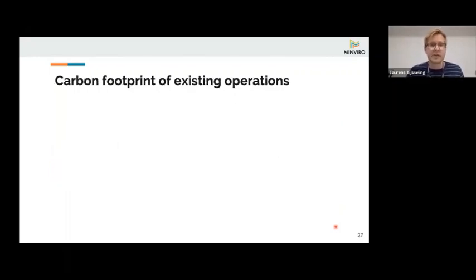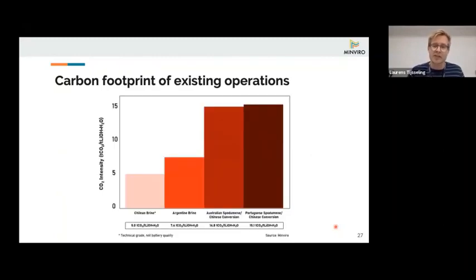So now let's take a look at the carbon footprint of the existing operations. And it's quite interesting because we can see that comparing the carbon footprint of Chilean brine versus Argentinian brine and Australian and Portuguese spodumene converted in China, there's a massive difference.